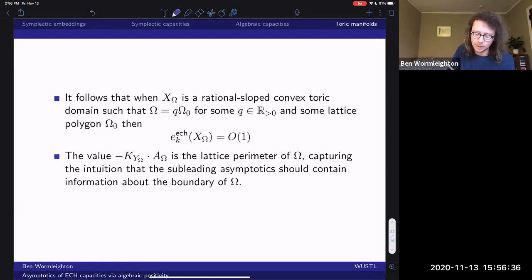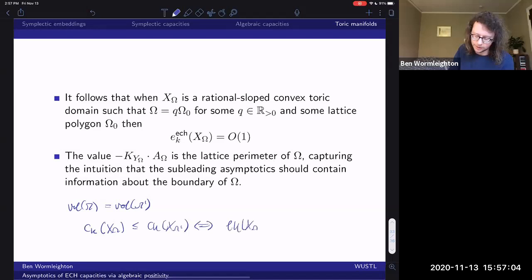So yeah, maybe I can draw this out in more detail in a second, but let's say the volume of omega equals the volume of omega prime, then CK of x omega is less than or equal to CK of x omega prime, if and only if EK of x omega is less than or equal to EK of x omega prime.